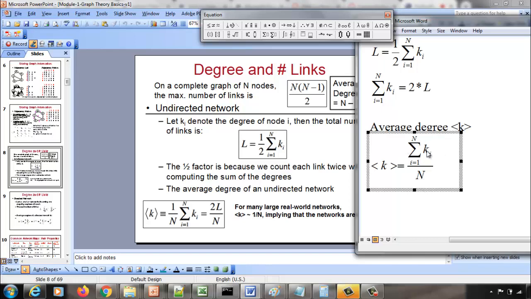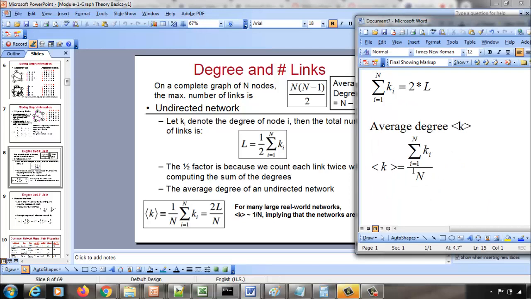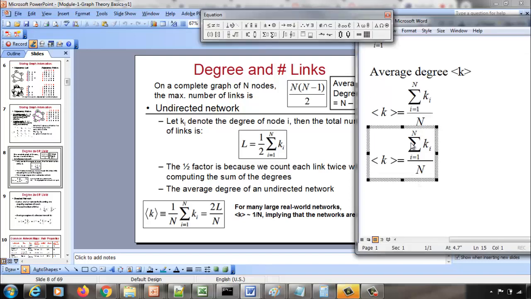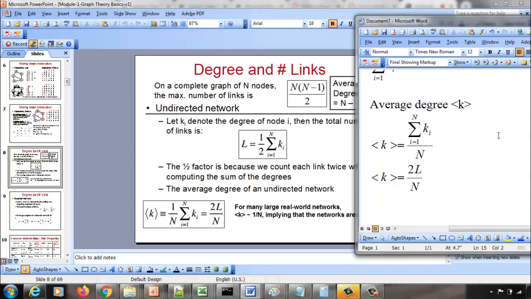So instead of the sum of node degrees, we can put 2 times the number of edges, and that gives a very good expression for the average degree: 2 times L divided by n. So the average degree of the vertices in a graph is 2 times the number of links over the number of vertices.